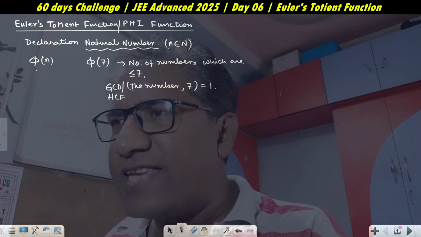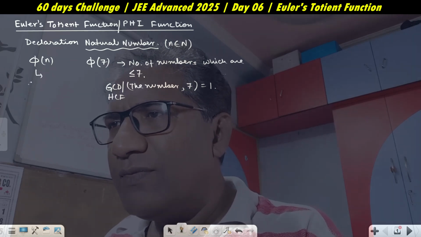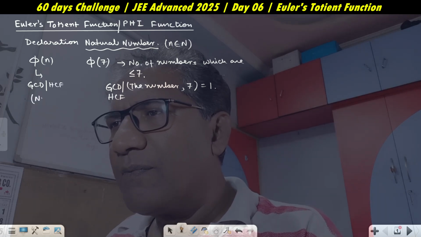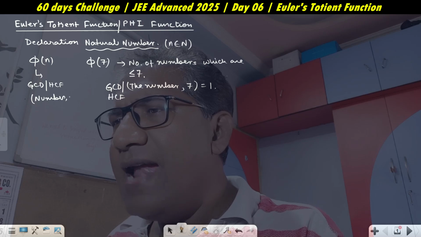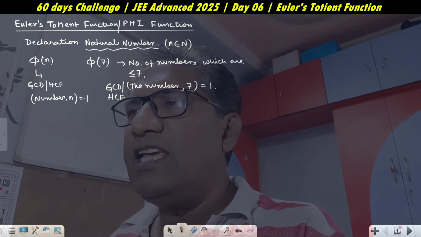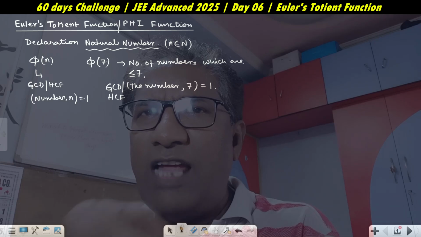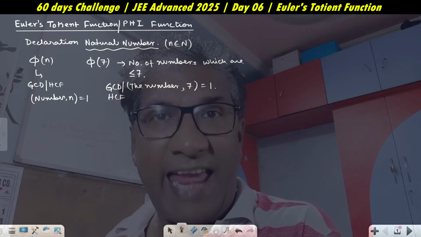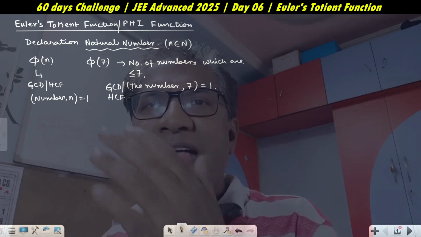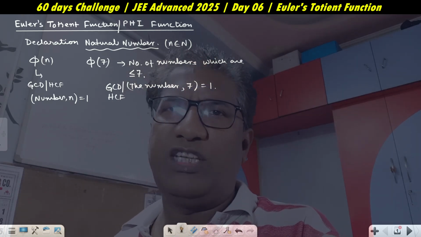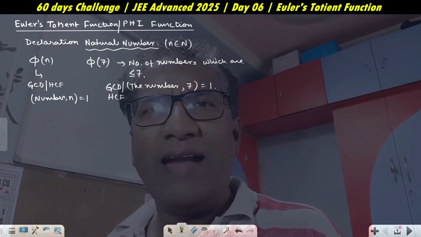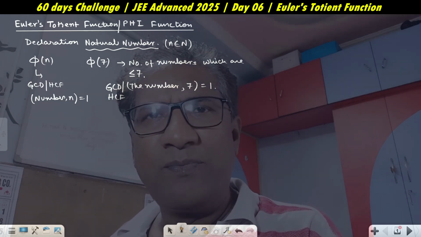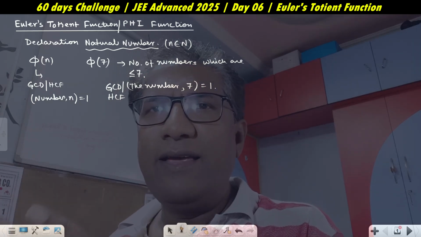In general, whatever number we are choosing, the GCD or HCF of that number and n equals 1. That is, the number you have chosen, which is less than or equal to n, and n are co-prime to each other. Is it clear? Now you have to find the number of numbers below or equal to n whose GCD with n is equal to 1.